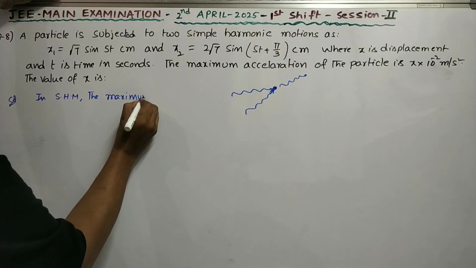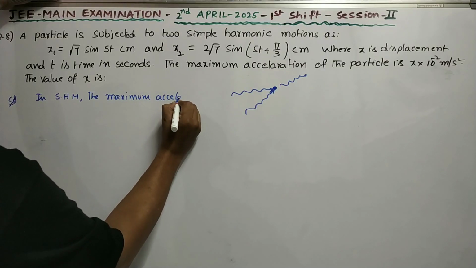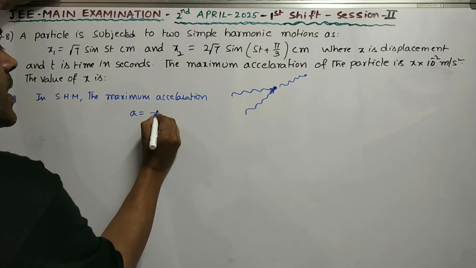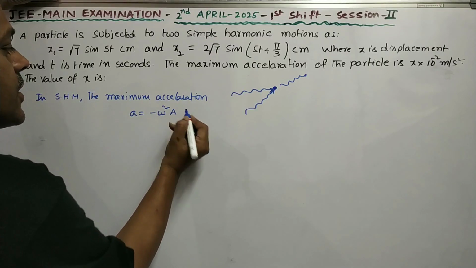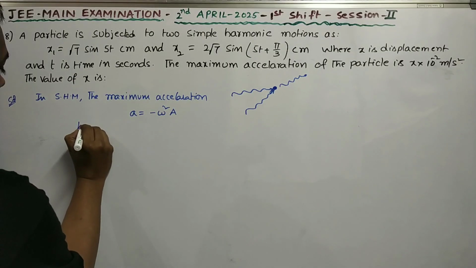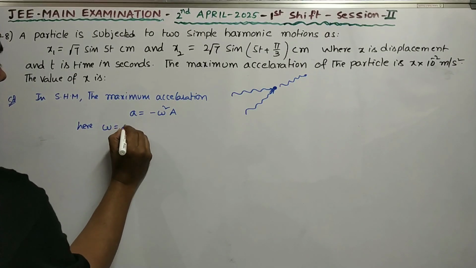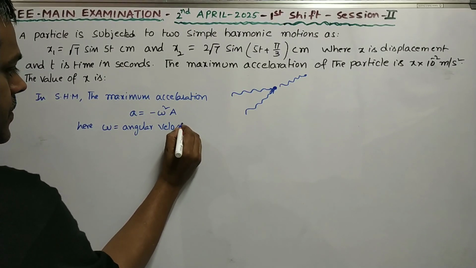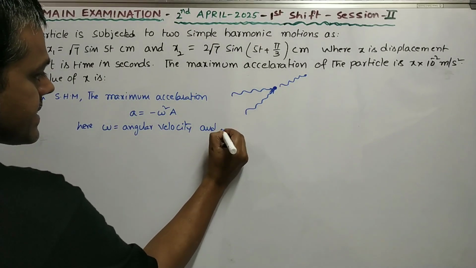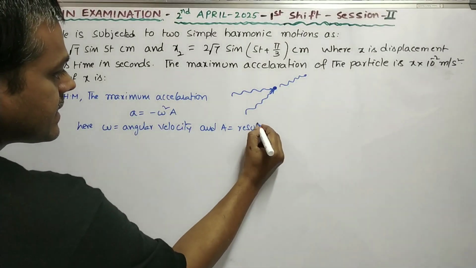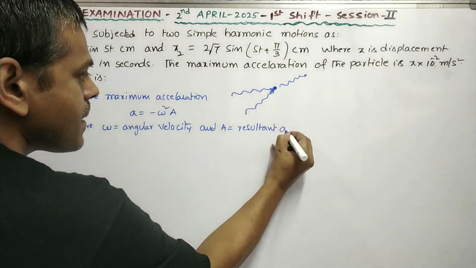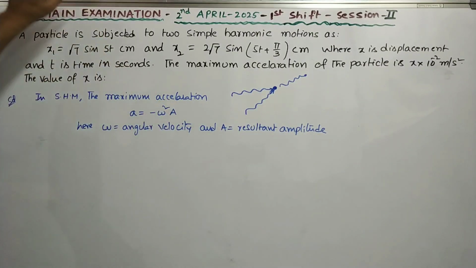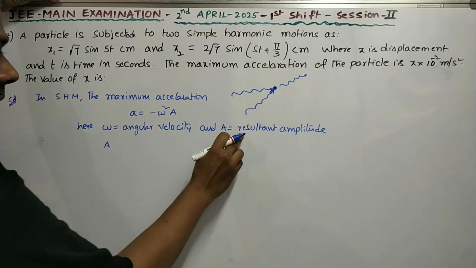A is equal to minus omega square into A. Here omega is the angular velocity, and A is the resultant amplitude. So first you should calculate angular velocity and resultant amplitude.